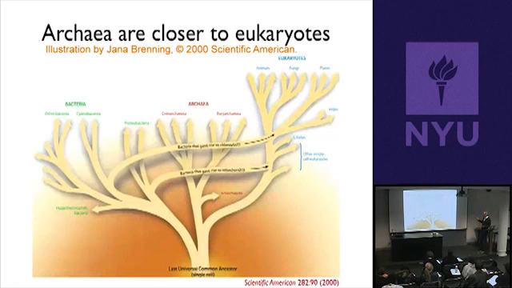So the first event was an ancestral eukaryotic cell eating a proteobacterium, something similar to E. coli, and that gave rise to our mitochondria. And I'll talk more about this in a second. And then later on, only in the lineage leading to plants and algae, another eating event happened where an ancestral cell ate a bacterium that was a cyanobacterium, and that gave rise to chloroplasts.